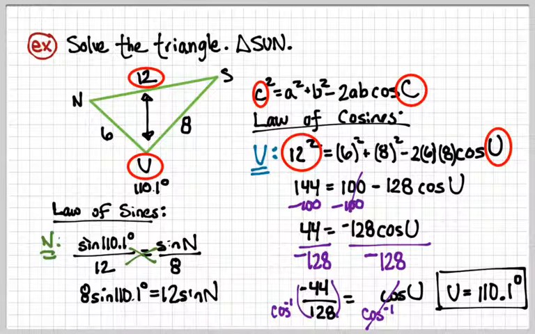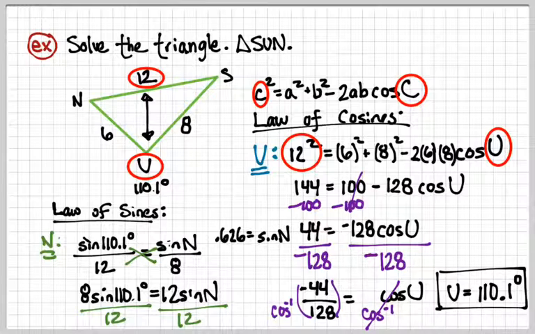Now divide by 12 on each side. We can put this whole thing in our calculator. 8 sine 110.1 divided by 12. To get the exact answer, you end up getting for this 0.626 equals sine of n. But you got to get rid of that sine, so we're going to again take the inverse sine.